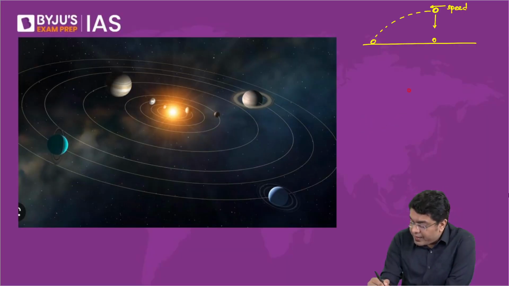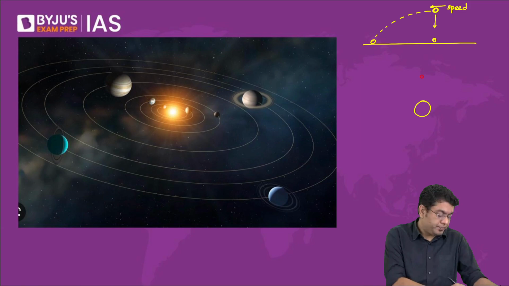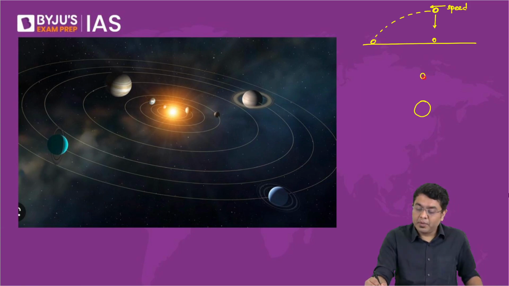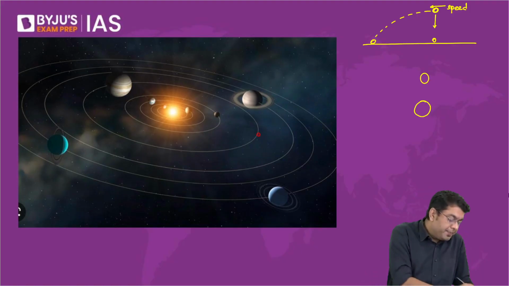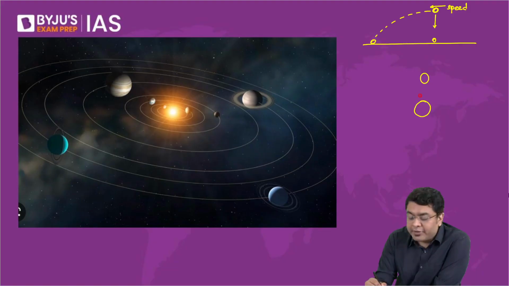So here, when we talk about the sun, let's suppose, and the various different planets, any planet. Now, ideally, this planet would want to fall upon the sun because of the force of gravitation. This is the direction in which the force is acting.